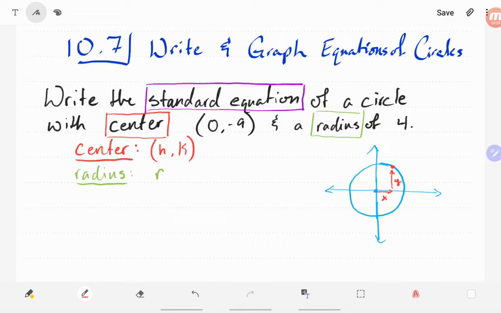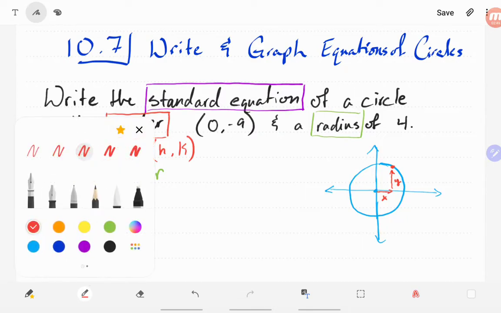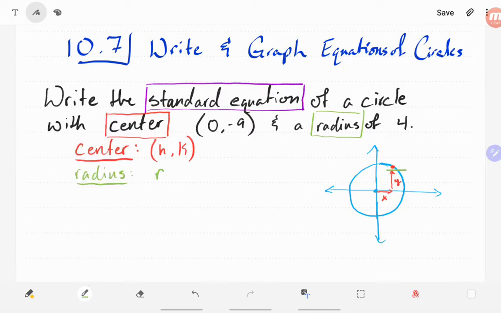I could find any point along the edge of this circle, and it could be represented as an XY coordinate. Well, what is this line right here represented by? That is our radius, the radius of this circle. And if we look at what we've just created, we've got ourselves a right triangle.